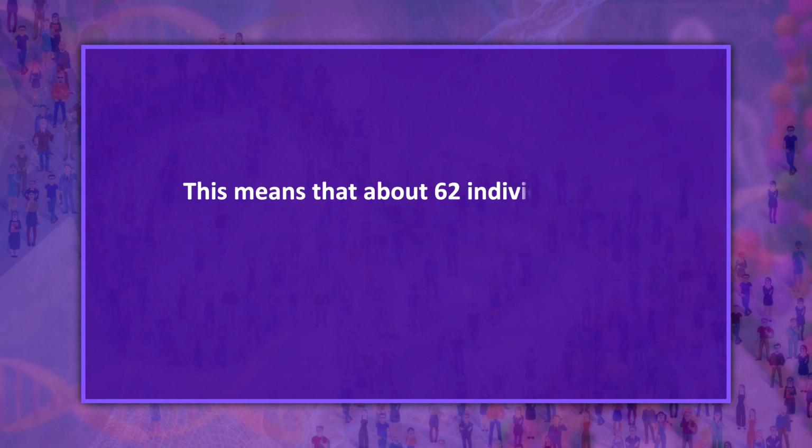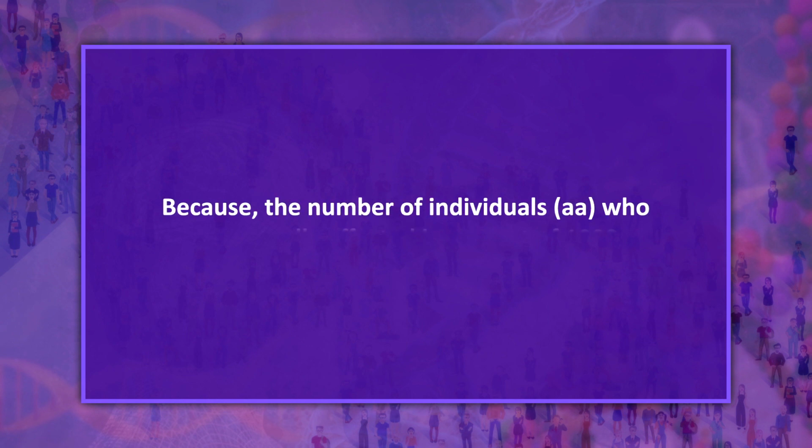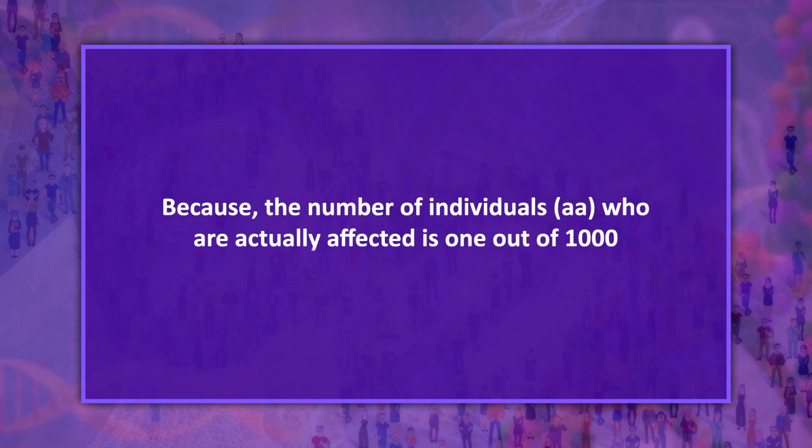This means that about 62 individuals out of 1,000, or 1 out of 16, is a carrier of the allele for cystic fibrosis, because the number of individuals with small a who are actually affected is 1 out of 1,000.